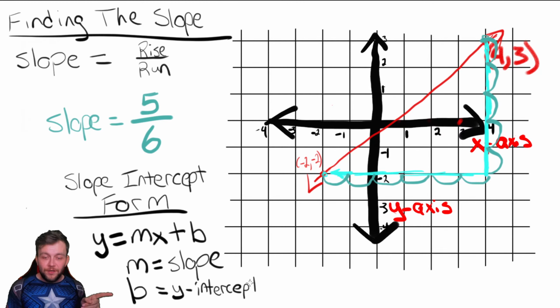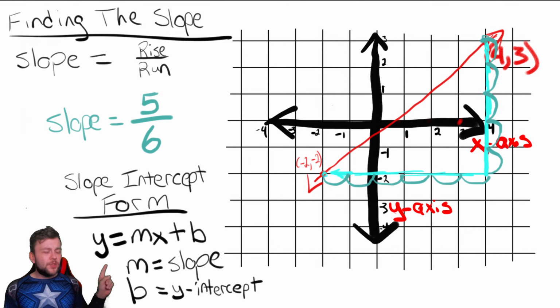It's a long word. There we go. Intercept. It looks okay. So your slope intercept form is y equals mx plus b. The m in y equals mx plus b is your slope. Your b is your y intercept.